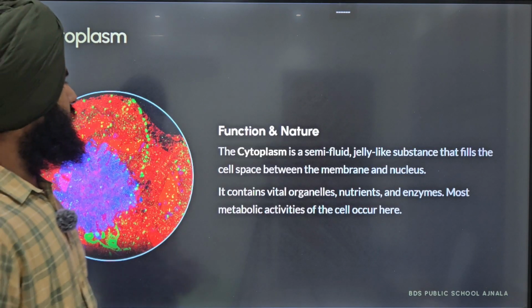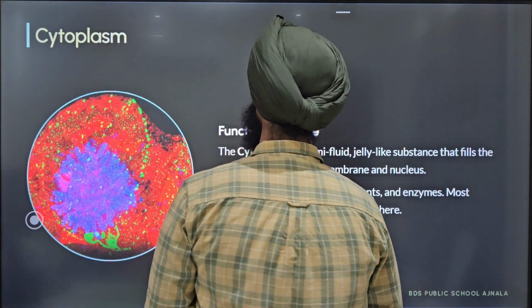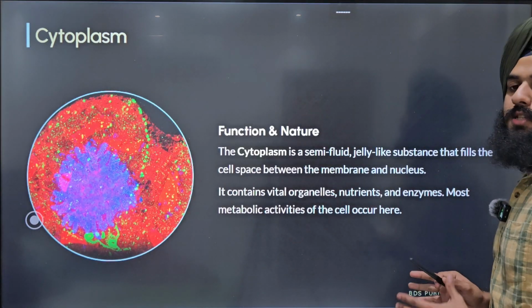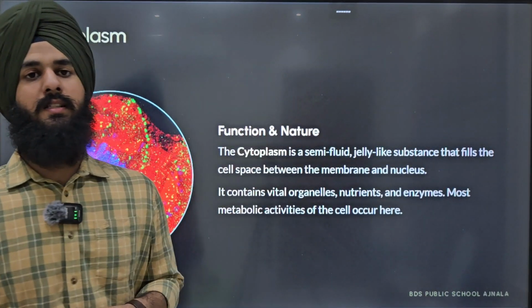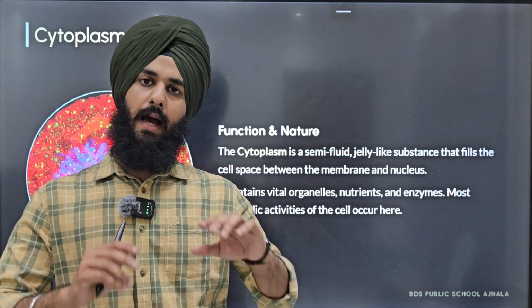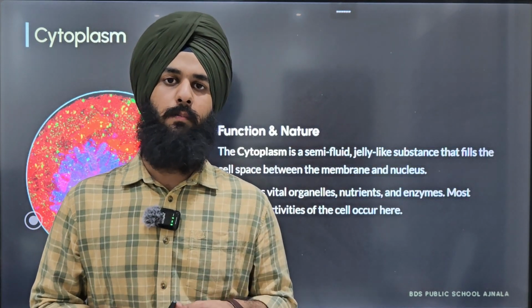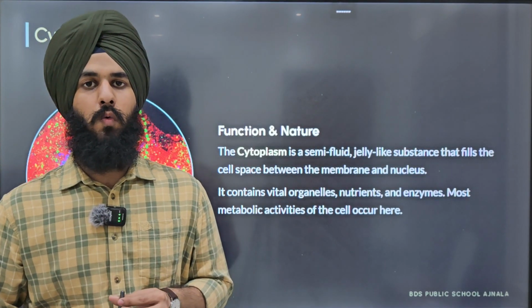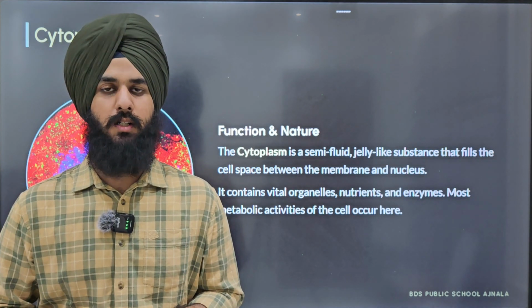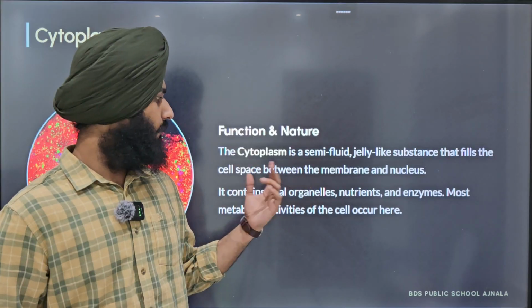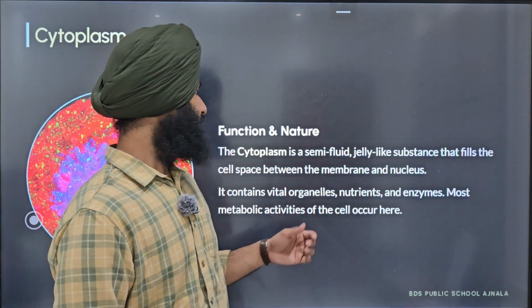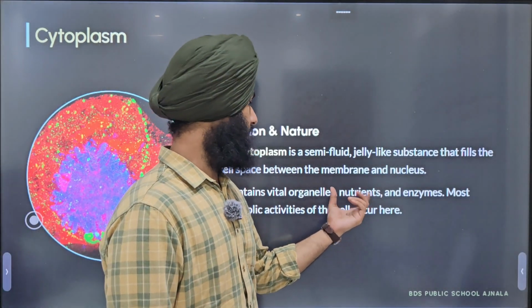And next up we have the cytoplasm. The cytoplasm is a semi-fluid, jelly-like material, and it fills the space between the nucleus and the outer cell membrane. It contains a lot of vital things that are necessary for the cell. It contains the cell organelles, which are responsible for production of fats and proteins within the cell, and also the storage of them, the nutrients.